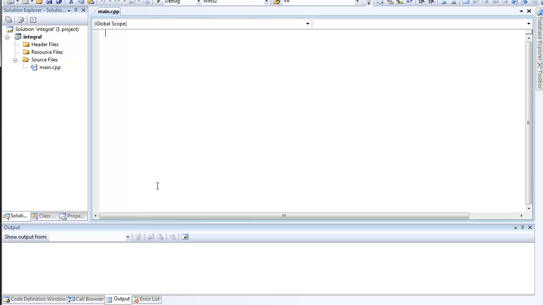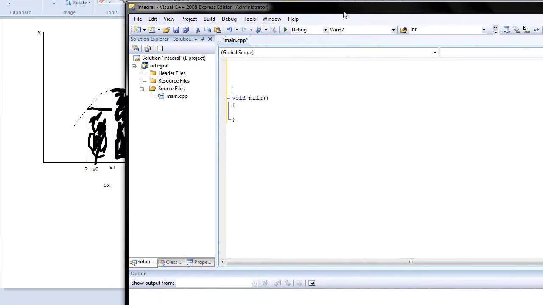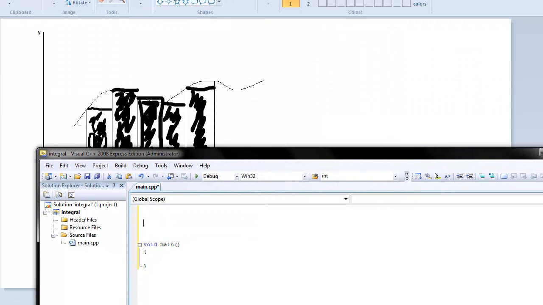It's really not that important how you call it, and as usual, void main, brackets, angle brackets. Then I define a function that will return double.